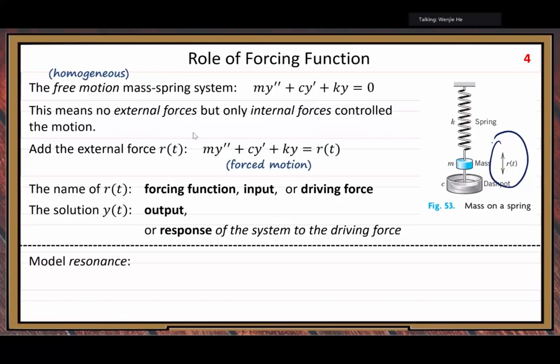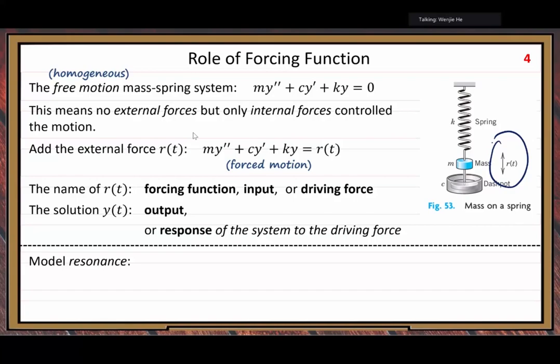This time we need to study a very important phenomenon: resonance. We need to model this resonance.